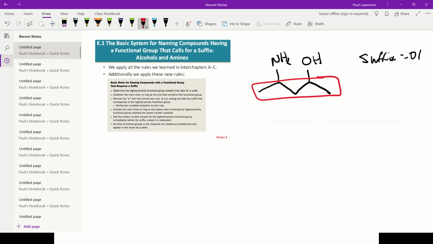And so bullet point 3 is telling us that we would normally call this pentane, right? And then we would have to add the suffix. But we have to eliminate the E. So it would actually be called pentanol. Okay? We have to remove that E off of the -ane. So we got rid of that guy.